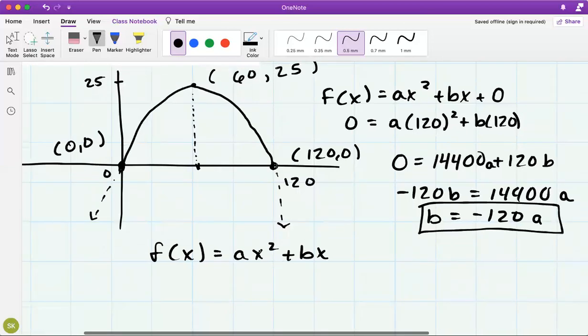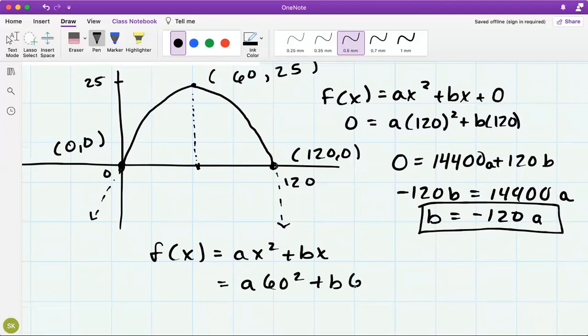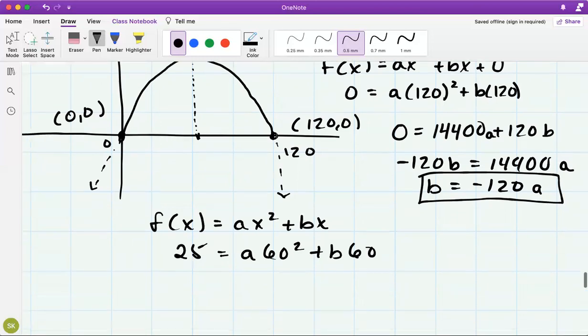So 60 times 60 is 3600, and this is 3600a plus 60b equal to 25.